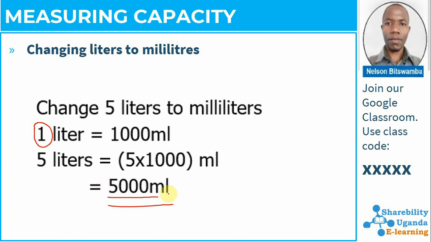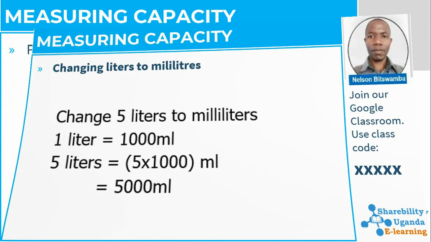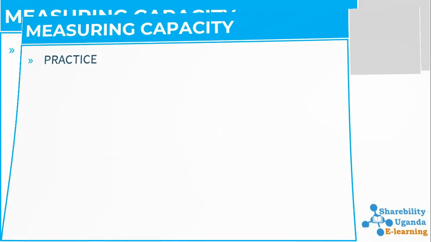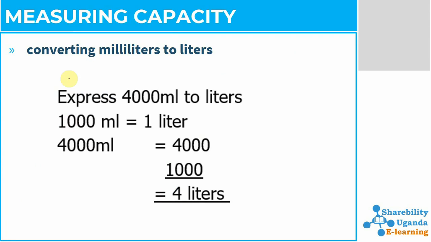Okay, so that's how we can change liters to milliliters. The best concept is to understand that 1 liter is equal to 1,000 milliliters. Let's also move forward and look at converting milliliters to liters. Now here we are going to interchange them. They can tell you to change milliliters to liters.